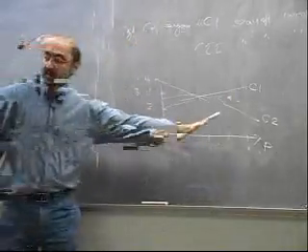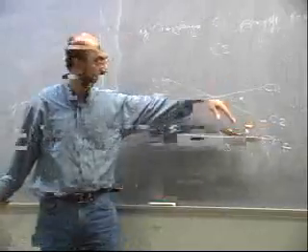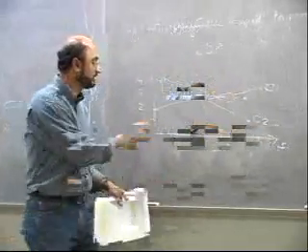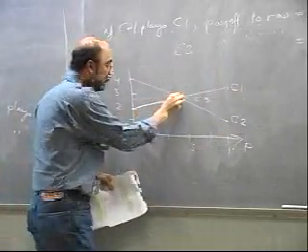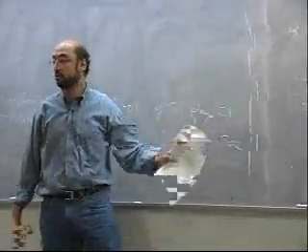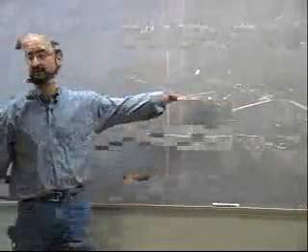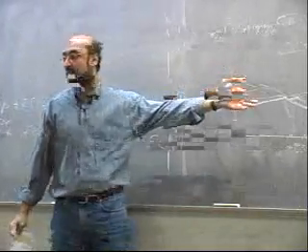And if P were greater than 0.5, column could play C2 and would push you down over here. So the point at which row gets the most, and column gets the least, is the value of P equals 0.5, at which point it's going to get 2.5 as the payoff.